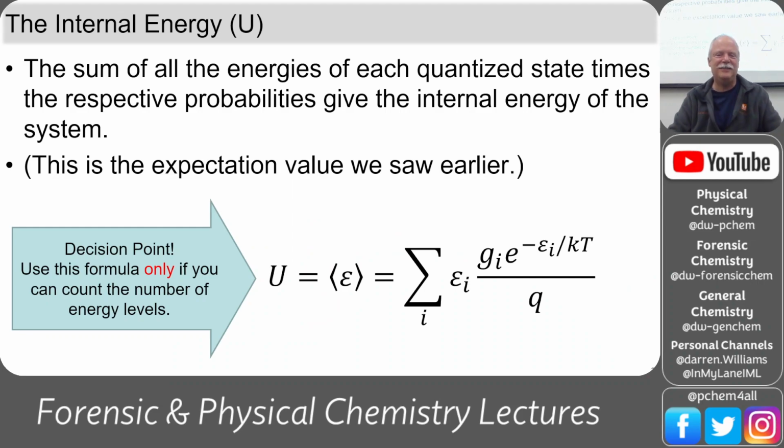Okay, so we just used this equation. And I say use this formula only if you can count the number of energy levels. So if I give you a 2-level problem and ask you to calculate the energy, this is the equation you use. So you would sum those energies, do the partition function, and so on.